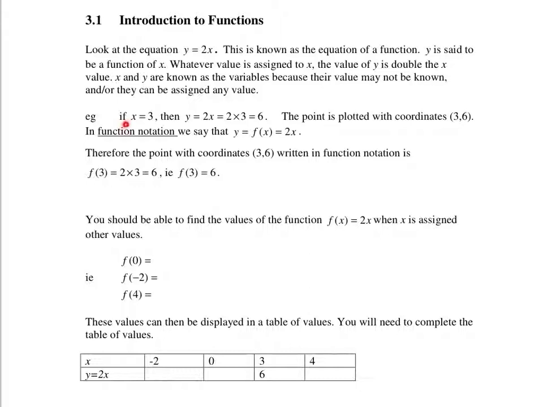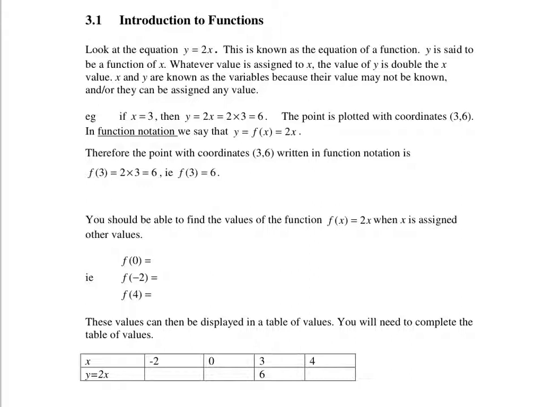So for instance, if x is equal to 3, then y is equal to 2 times x, which is 2 times 3, so y is equal to 6. So we have the ordered pair (3, 6), the coordinates (3, 6), which lie on the line. If you have a look down here, I've actually written those in.